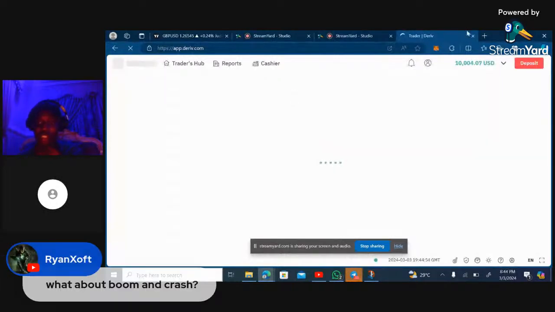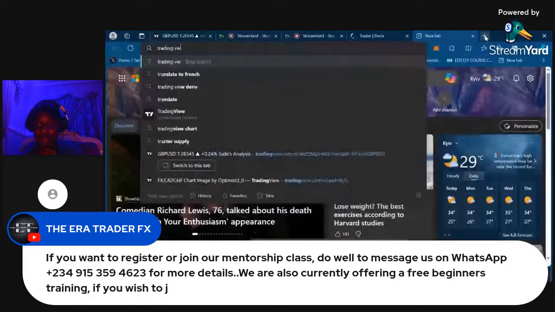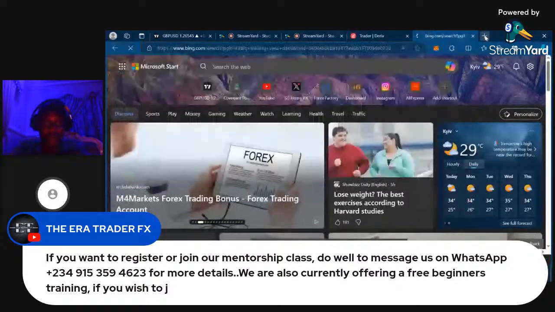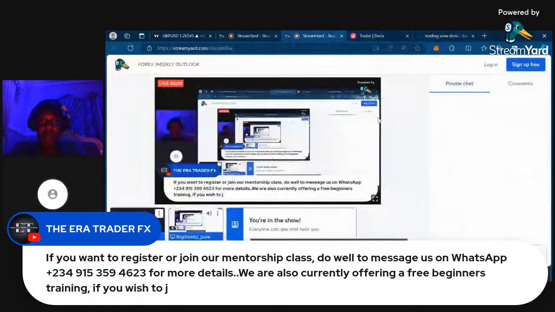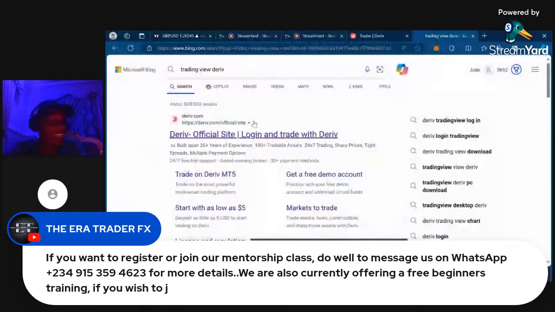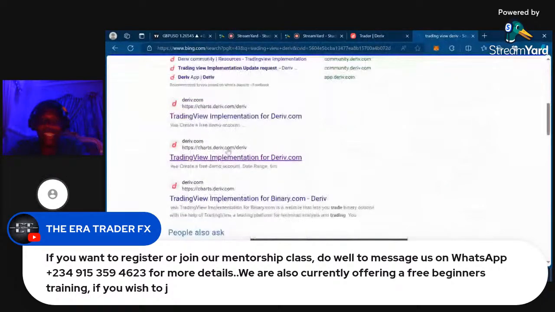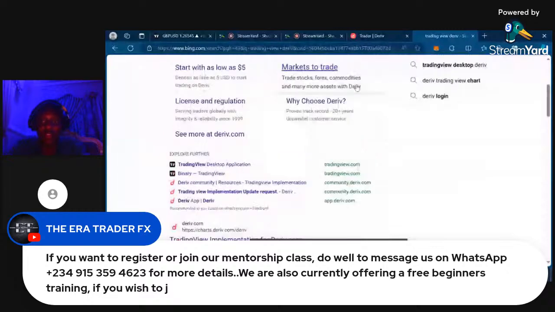Someone just asked about boom and crash. How about boom and crash? Well, the point is, whatever strategy you are making use of, you can apply it to any currency pair, any market. So far you understand the basics of market structure and you know what you are doing, you can still trade boom and crash.